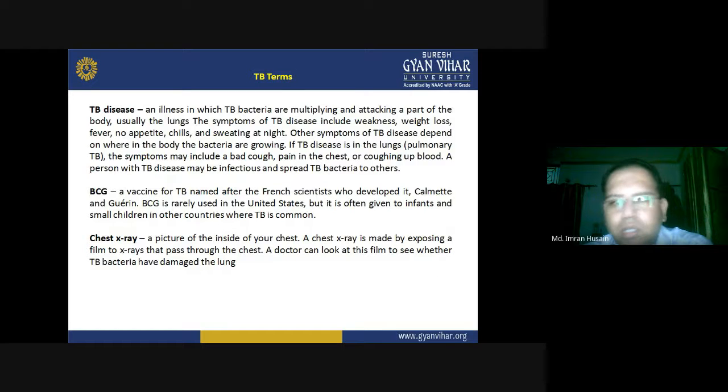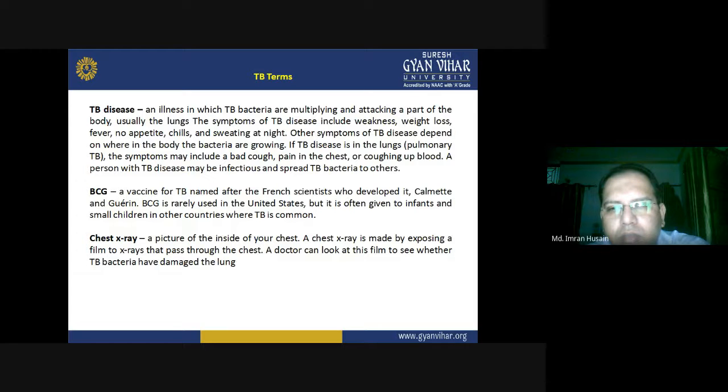So here are some TB terms that you must understand. TB disease: an illness in which TB bacteria are multiplying and attacking a part of the body, usually the lungs. The symptoms of TB disease include weakness, weight loss, fever, no appetite, chills, and sweating at night.